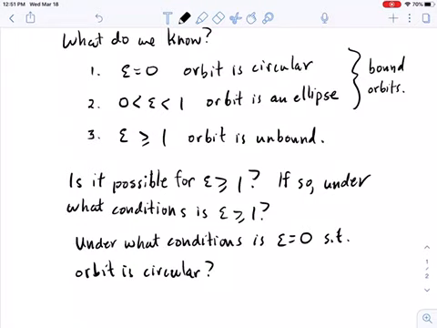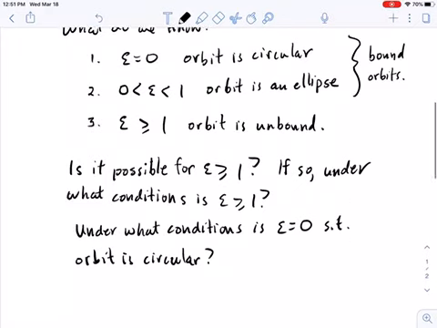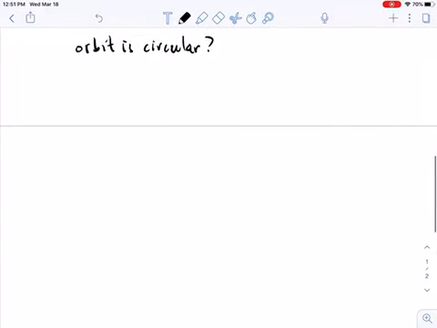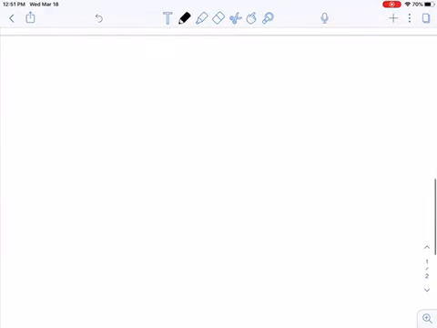Okay, so to understand some of these results, we're going to have to do a bit of an energy analysis of the planet.